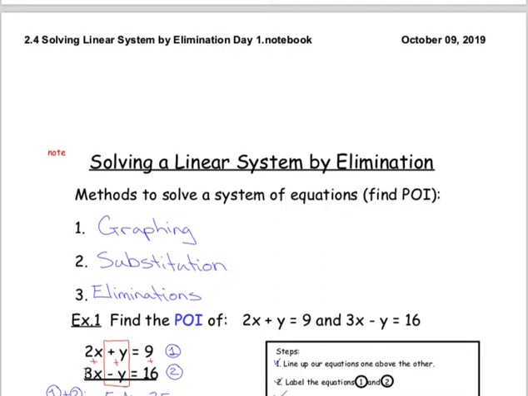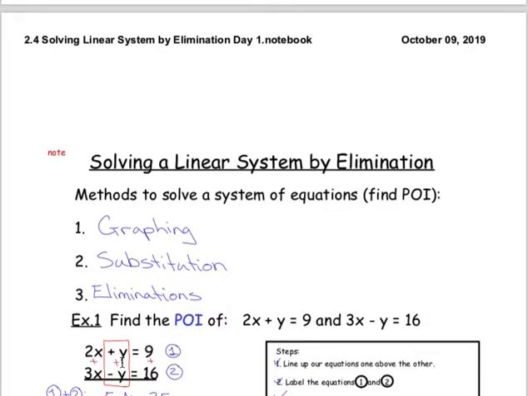So we decide whether we're going to add these two equations together or subtract them. When we look here, we can see that there's a positive y and a minus y. So when there are opposite signs, we add them together. If you see a positive and a negative, you're adding them together.